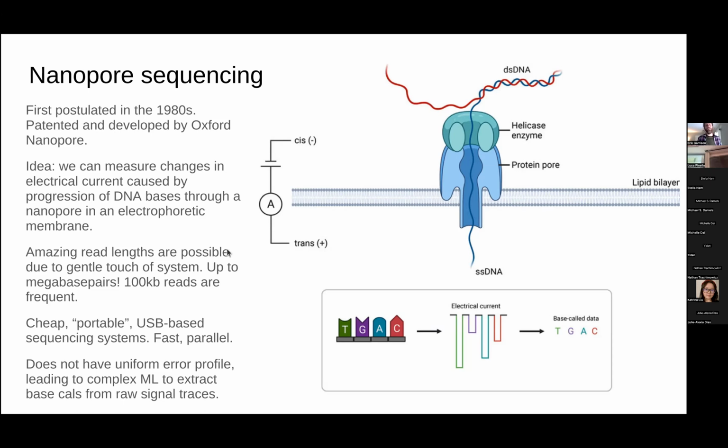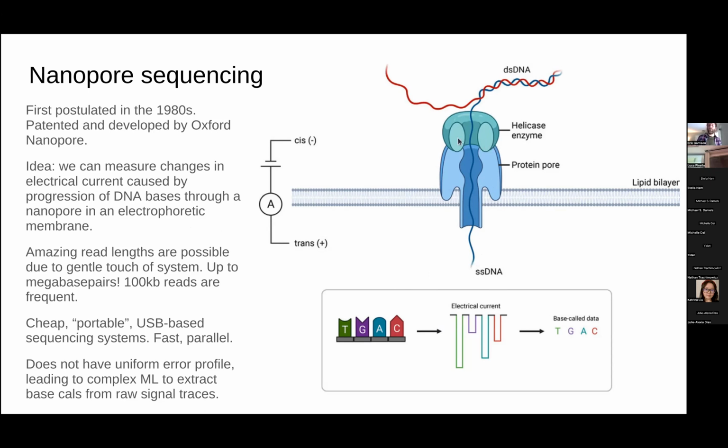Basically, the idea is you can measure electrical changes caused by DNA being pulled through a nanopore that is itself embedded in an electrophoretic membrane. So there's a voltage across this that will drive DNA through the pore.